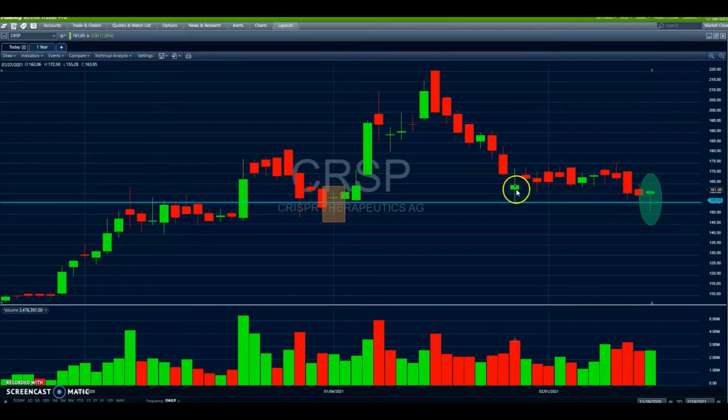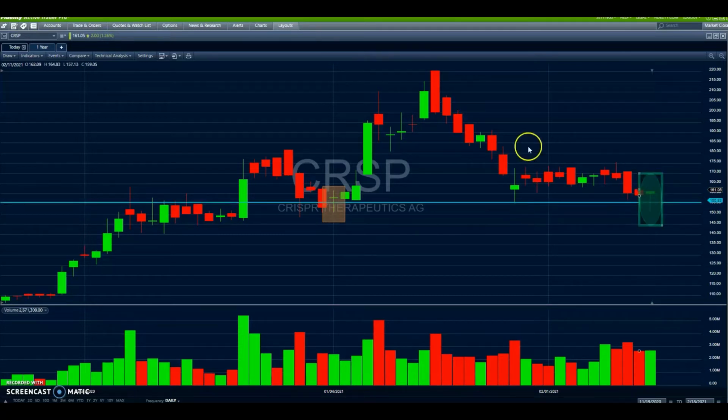And like I said, this is a reversal candlestick. Doesn't mean that it's guaranteed to reverse. Nothing is 100% in trading. But if you can give me 65 to 70% chance, then I'll take that.